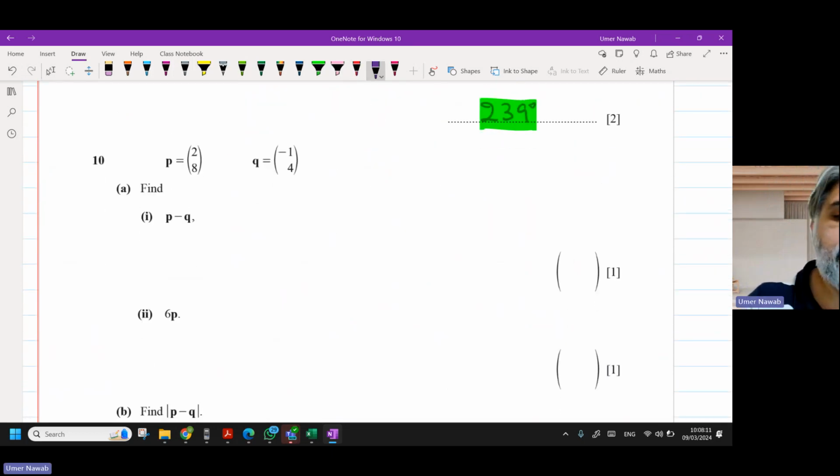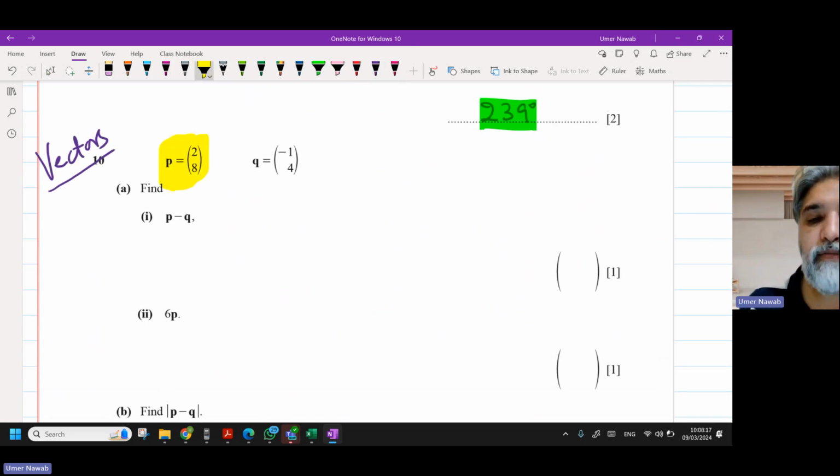Question number 10 is on vectors. He gave you a vector in a column vector form, another vector in a column vector form. Now he is asking you, can you find P minus Q? So P is what? 2. And then what do we have? Minus. And then Q, we have minus 1.